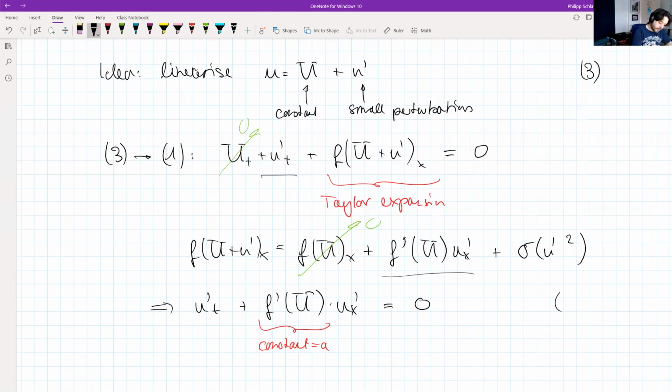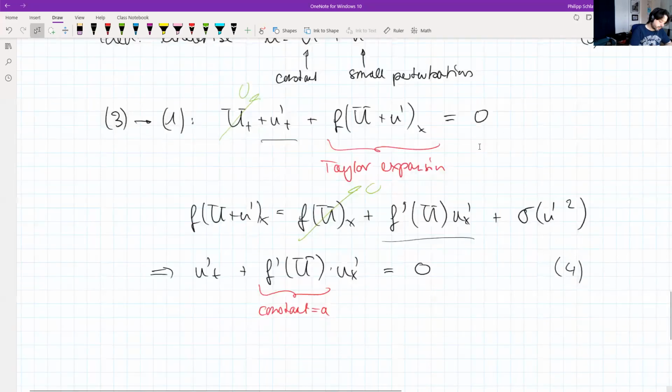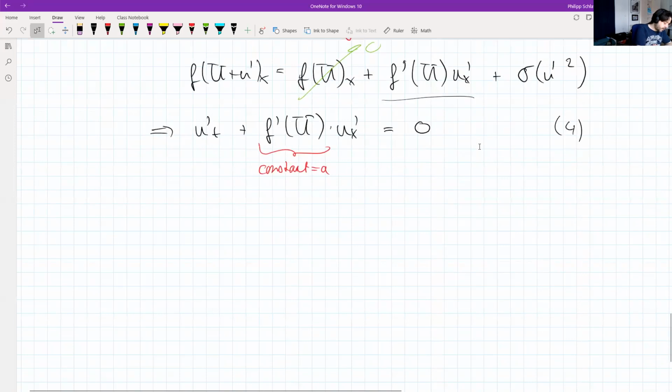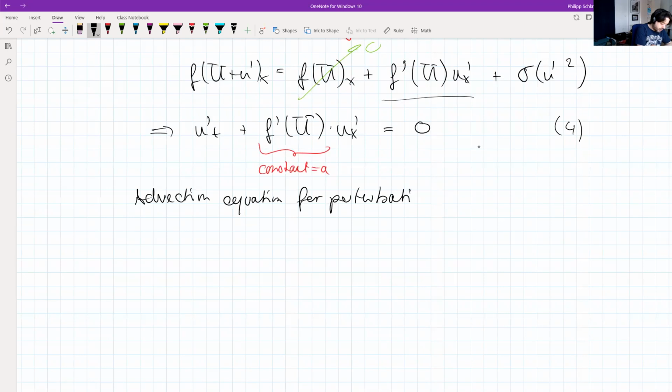So this is now maybe equation number 4. I have an advection equation for the perturbations U prime on top of the capital U, which gives me that advection speed.